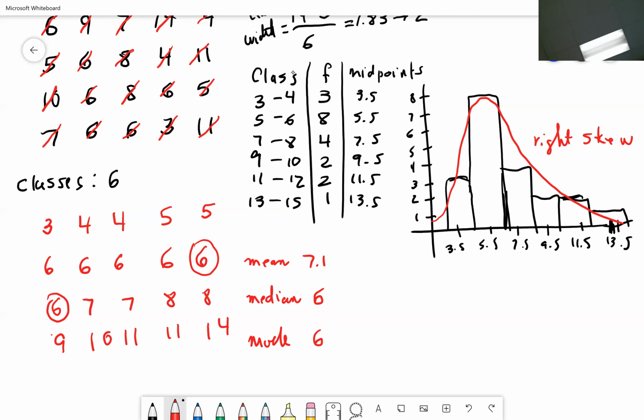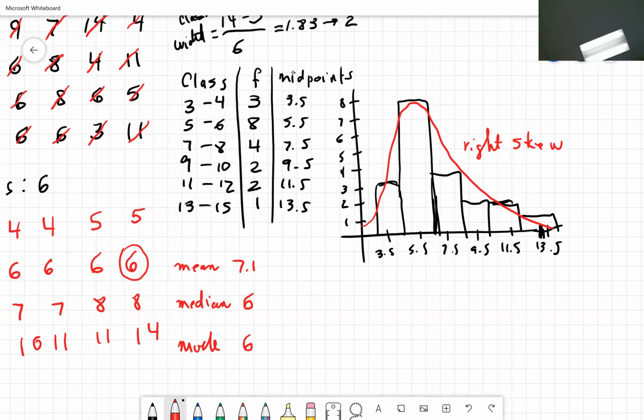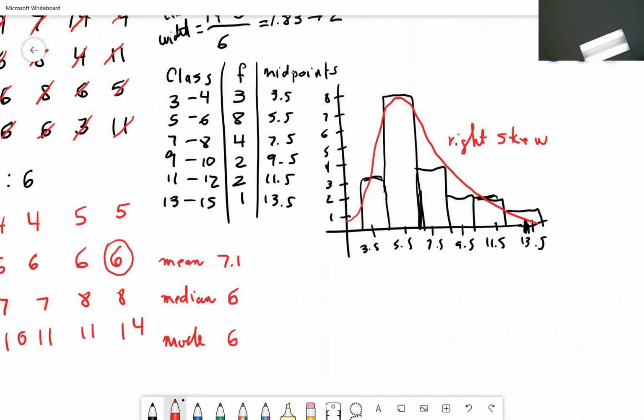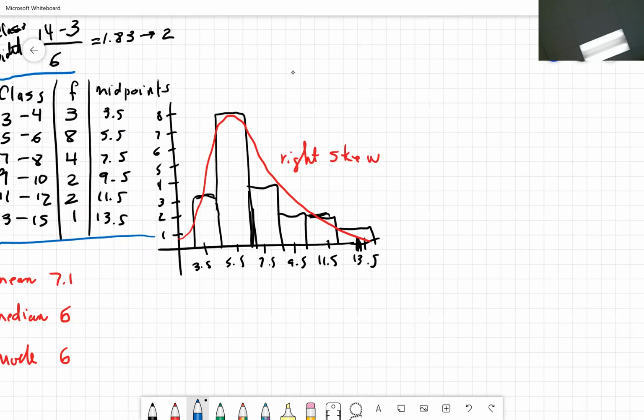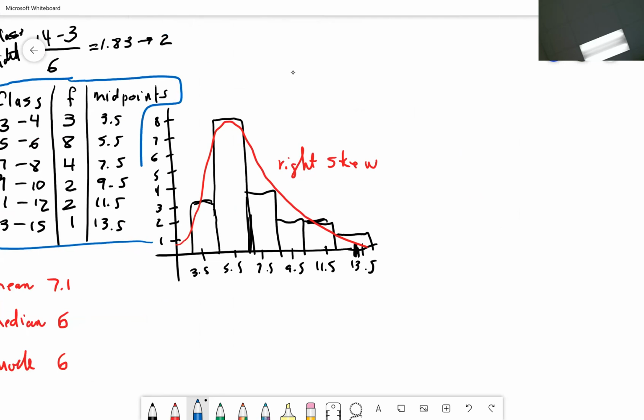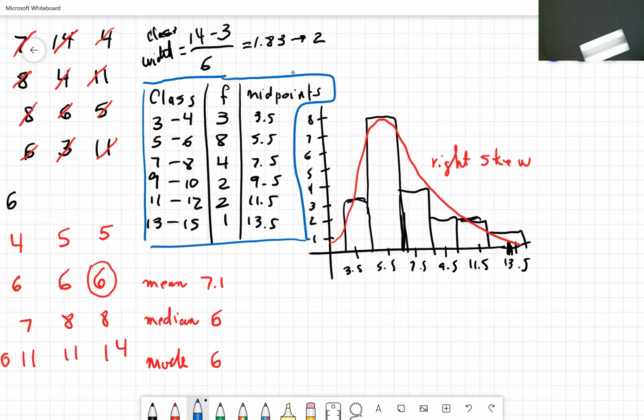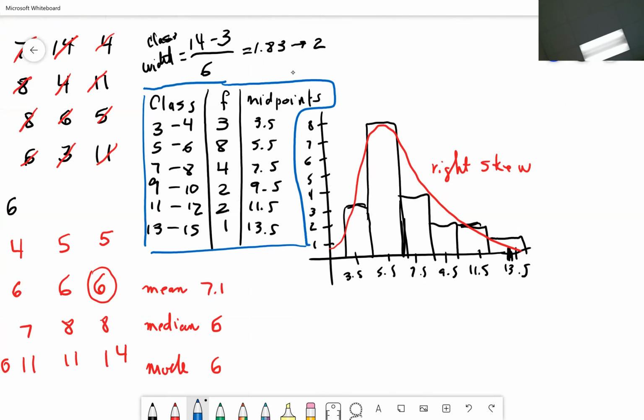So one interesting little thing is, what if we would have had just this piece of information here? I would have given you this, right? Only this here. And I asked you to calculate the mean. Then that mean would have been approximate, because the mean we calculated was based off the data.